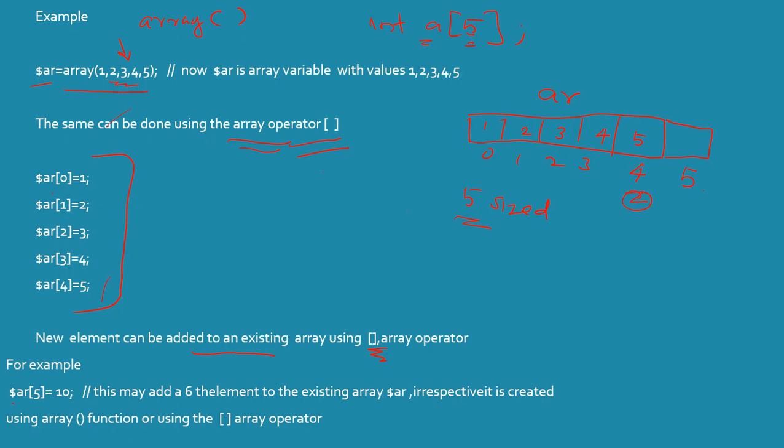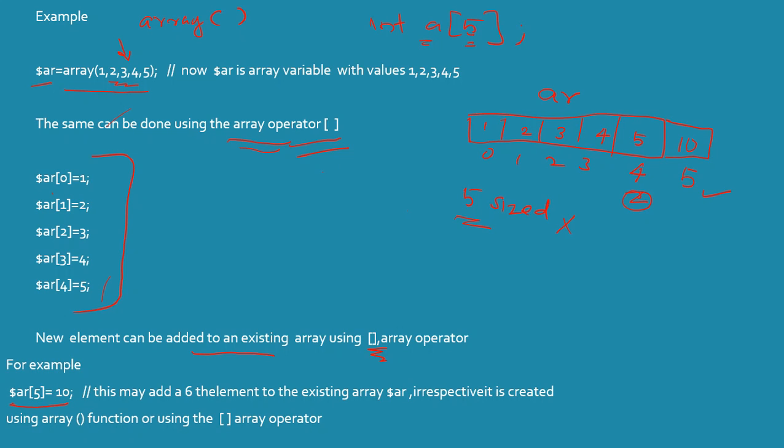And this can be done using the array operator. The fifth location of AR is assigned with a value 10, means we are inserting a new element into an existing array AR, which is already filled with 5 different values.